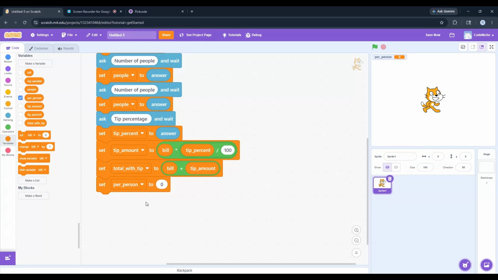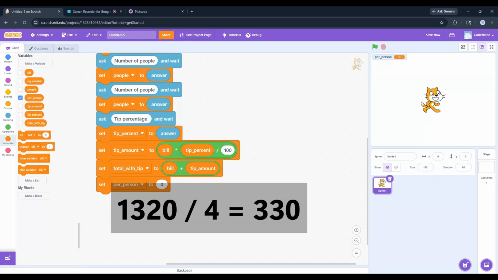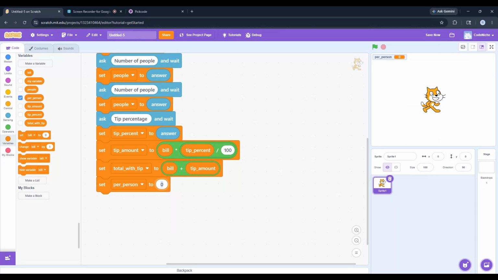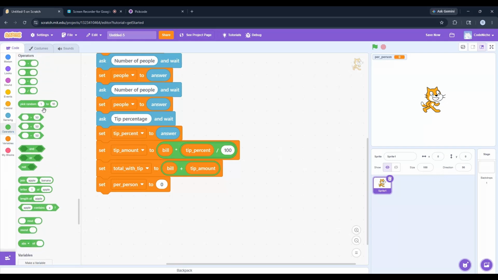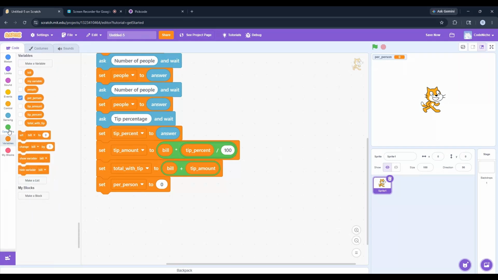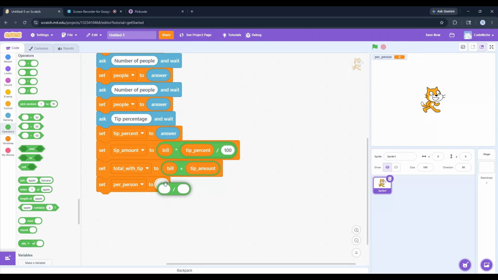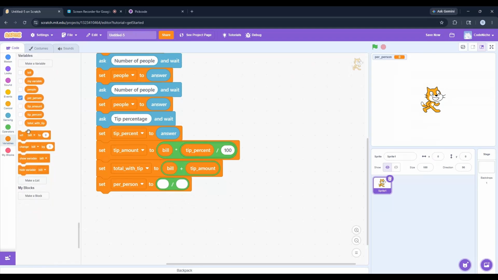If we are trying to divide 1320 by 4, then you get 330 each, right? So here we are going to ask the user for the number of people, and let us simply do the division. This is the division: total with tip divided by people.